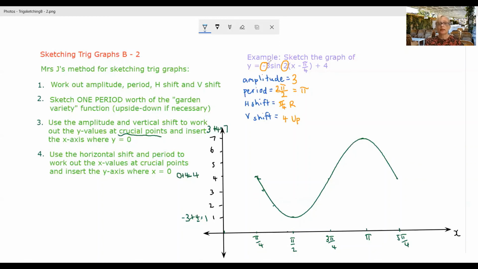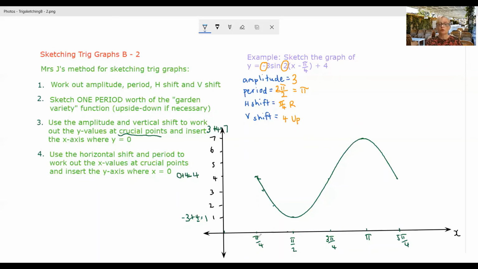In this case, we needed to do it upside down because we had a negative. Then you're going to use your amplitude and your vertical shift to work out the y values at various important points. So sort of halfway, obviously, at the bottom and at the top. And you're going to place your x-axis where y is 0.